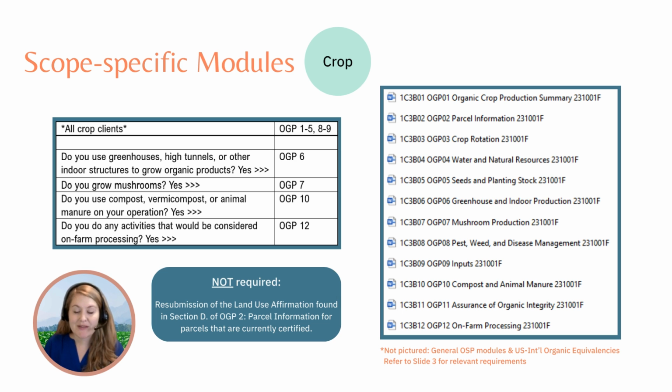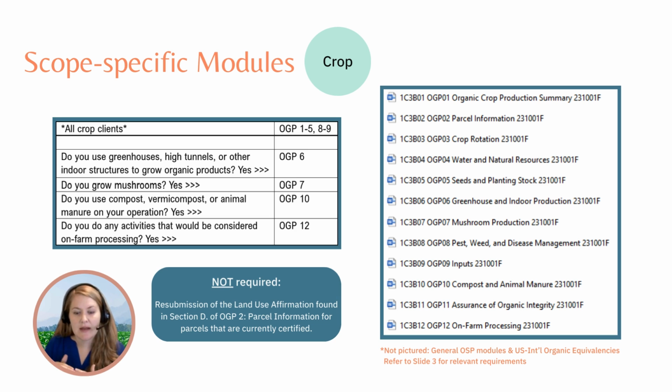Now that we have an example of an OSP that did not have any activity-dependent modules, let's look at the scopes that do have those activity-dependent modules. We're looking at the crops now, and on the left-hand side, you can see a chart with all of the guidance on which modules to fill out based on the activities that the operation conducts.